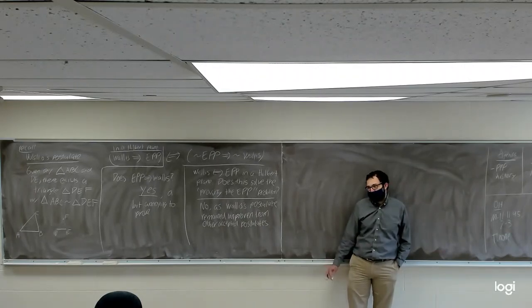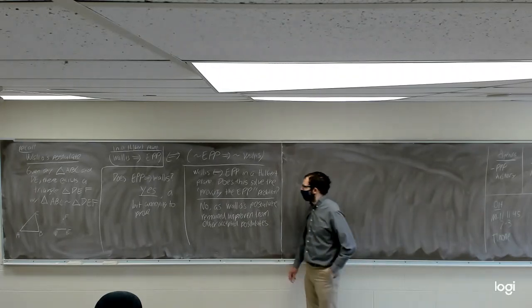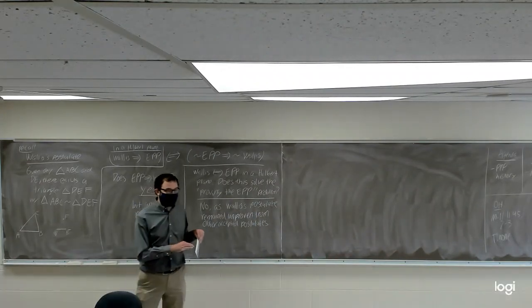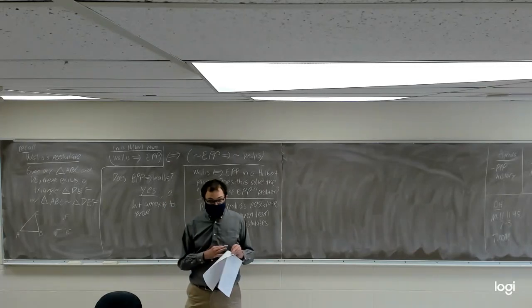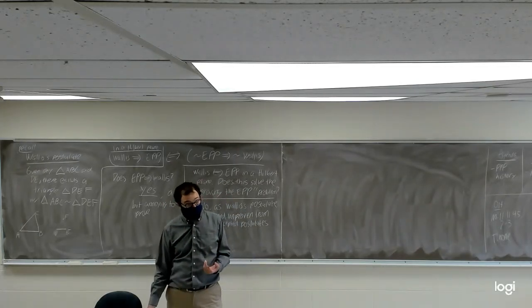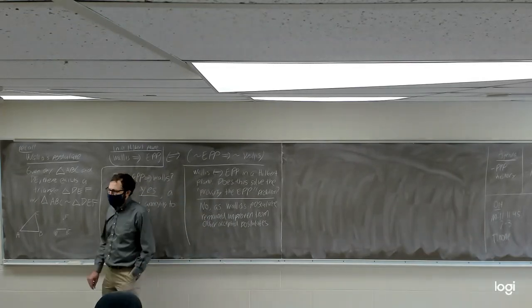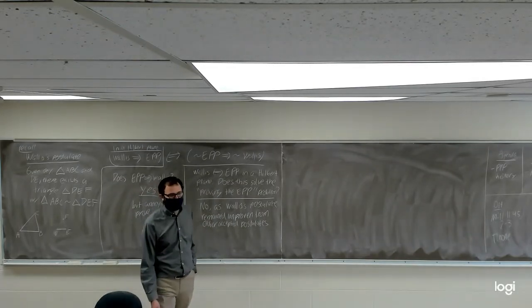Turns out it wasn't done that way, though. So this attempt to prove the parallel postulate gave us some nice results that were logically equivalent to the parallel postulate. Didn't end up working in the end.